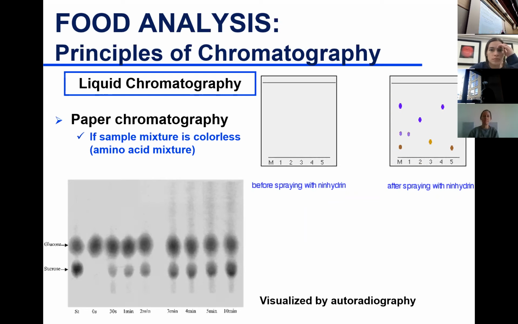And then you will see the spots at the end of the development, when the solvent reaches the top of the paper, you stop it and then you look at your spots. The spots that move the least, so these at the bottom, that move the least, do they like the water or do they dislike the water?